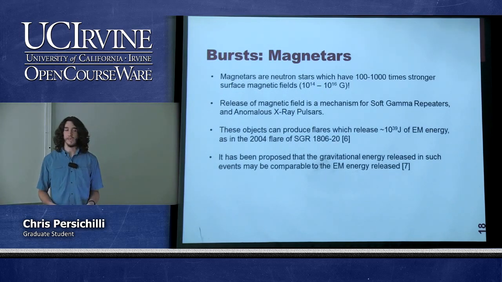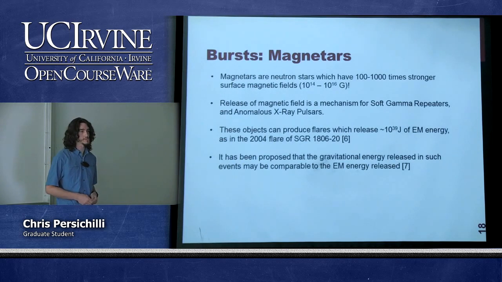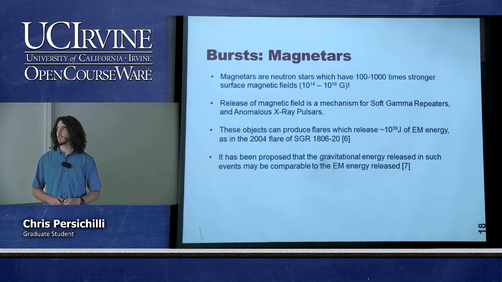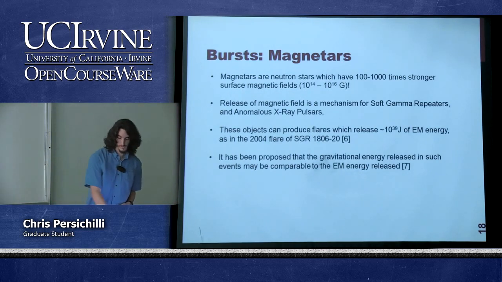These have been known to occasionally give off extremely luminous flares of radiation, and some models propose that they basically radiate by reorganizing their extremely strong magnetic fields, and some models suggest that they may release comparable amounts of energy in the form of gravitational radiation, in which case there's maybe some hope that these could be observed as well.